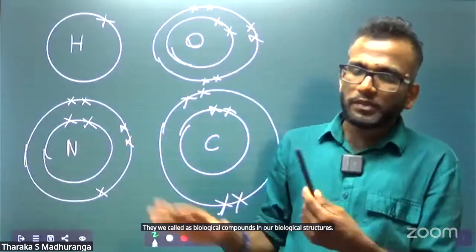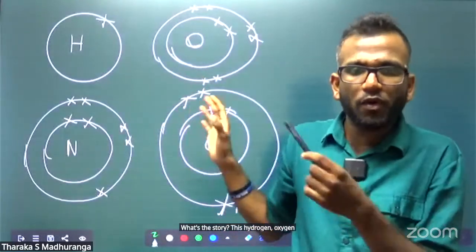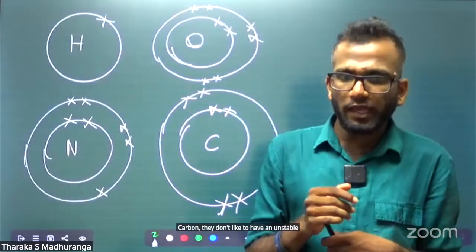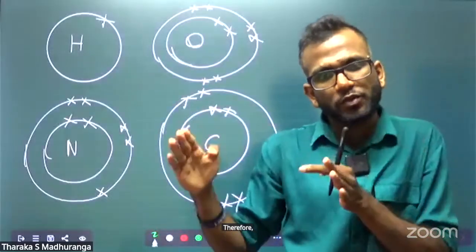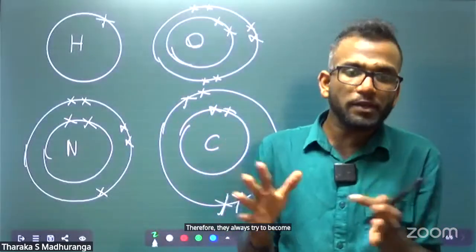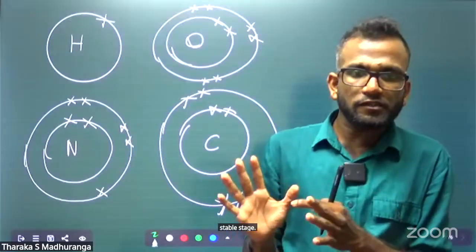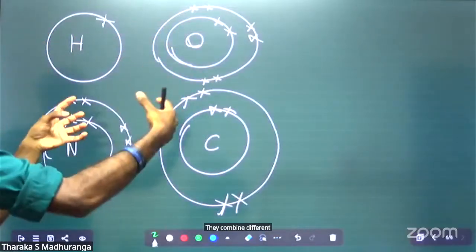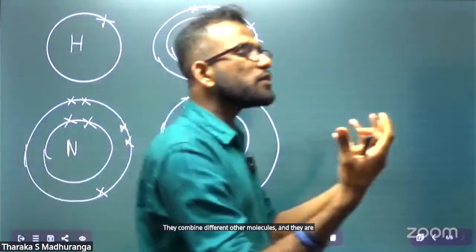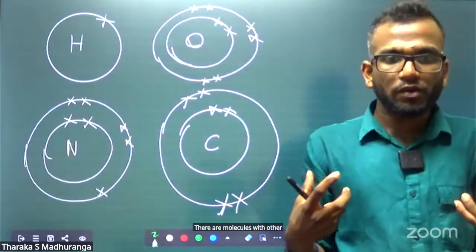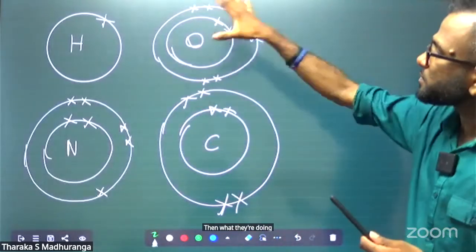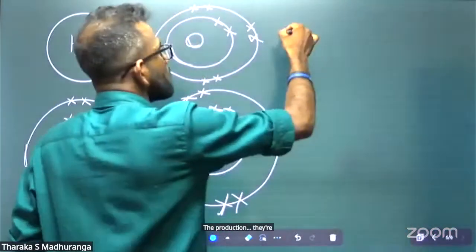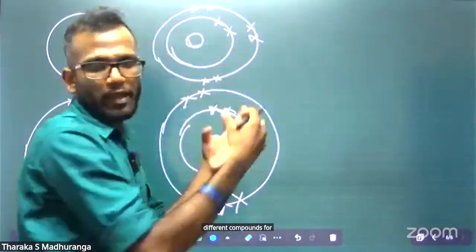What's the story? They don't like to be in an unstable state, so they always try to become stable. For stabilization, they combine with other molecules and share electrons. Then they produce different compounds for their stabilization.